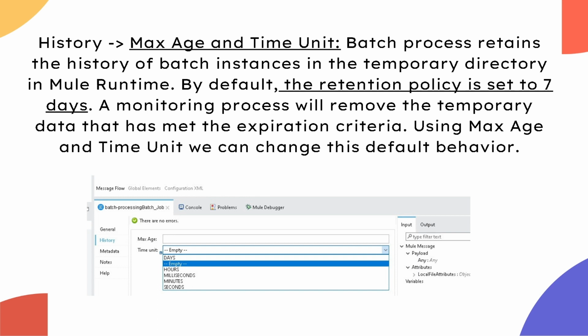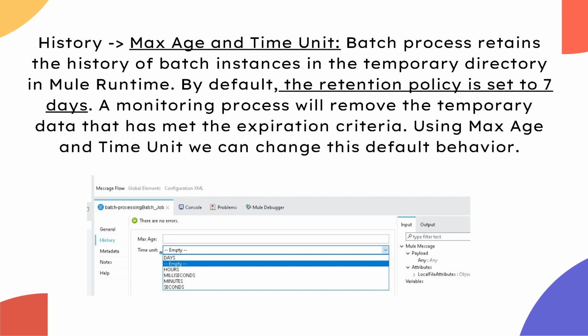Let's say our Mule system crashes while processing some records, and a few of the records are not able to process. In that case, we already have those records history maintained in a particular batch instance persistent queue.